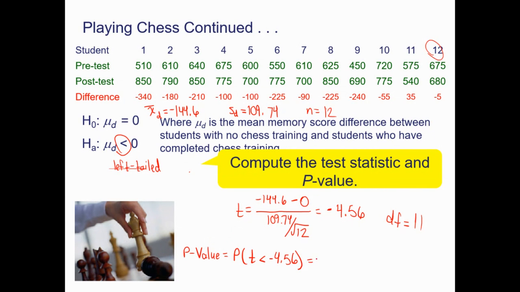So if we did this using tcdf in the calculator, our lower bound would be negative 999. Upper bound is our test statistic, and then we've got 11 degrees of freedom. This is in the TI-84 right here.